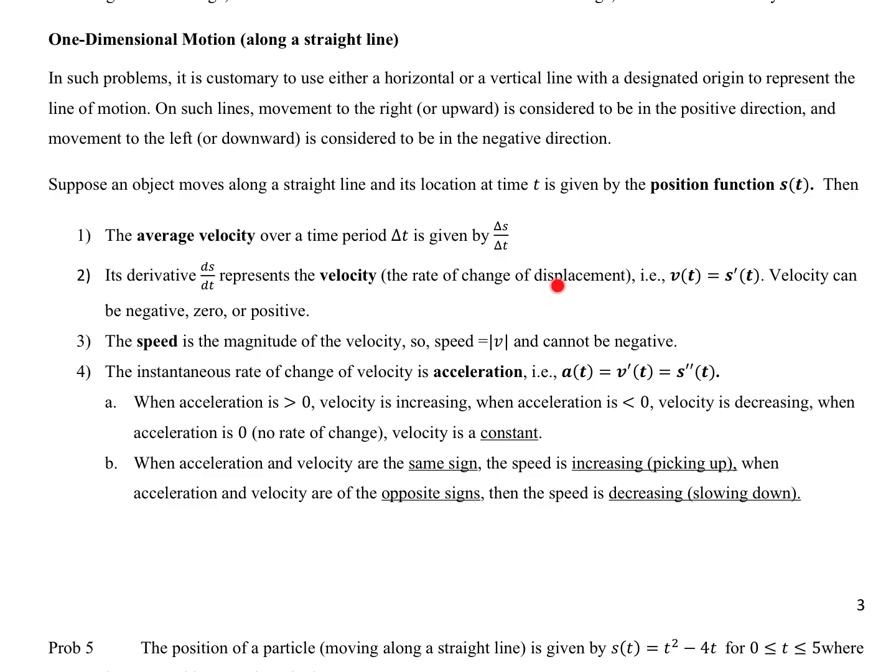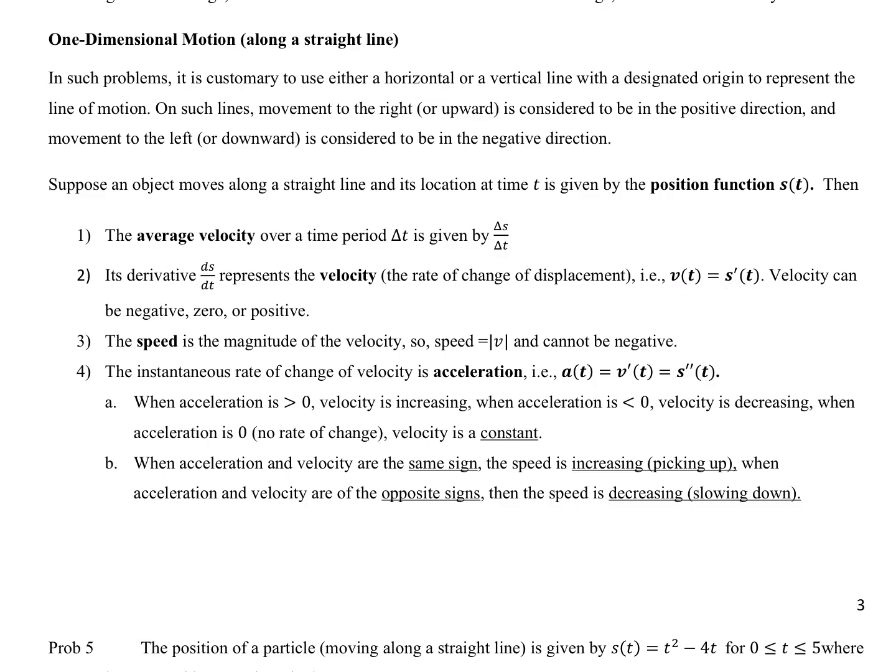The derivative of the position function, ds/dt, represents the velocity. This basically means how fast the position is changing, or how fast the displacement is changing, the rate of change of displacement. Basically, velocity is the derivative of s, the position.